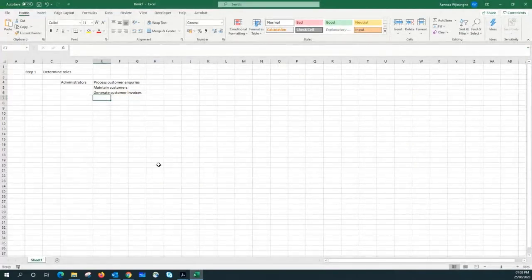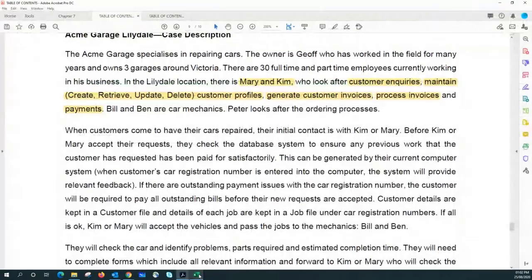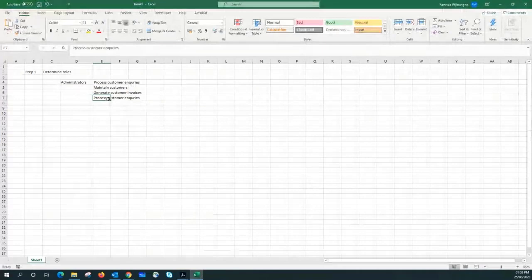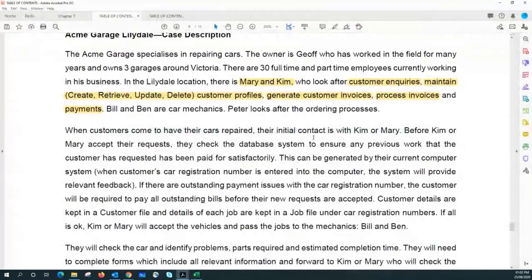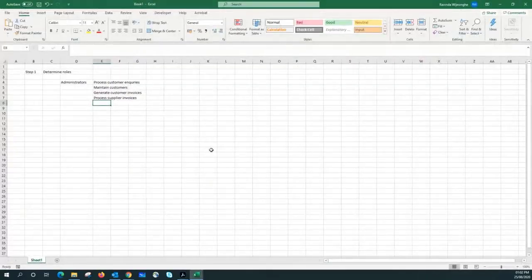So rather than saying process invoices, I just say process supplier invoices. That's a better name in this case, right? And then they also process the payments. Okay, so let's put that.